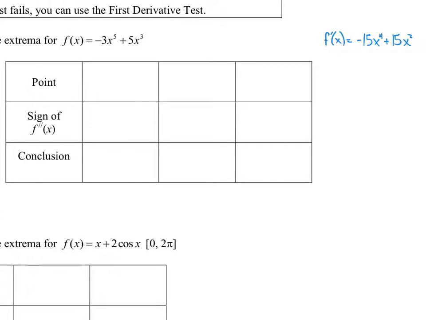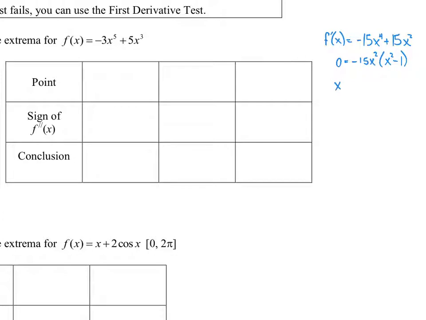All right, I know there's nothing that is going to make this undefined because I have a quartic polynomial there, and polynomials are defined for all real numbers. So I really only have to find the values that will make our first derivative equal to 0. Okay, so I'm going to factor this. I'm going to factor out a negative 15x squared, and that's going to give me an x squared minus 1 inside the parentheses.